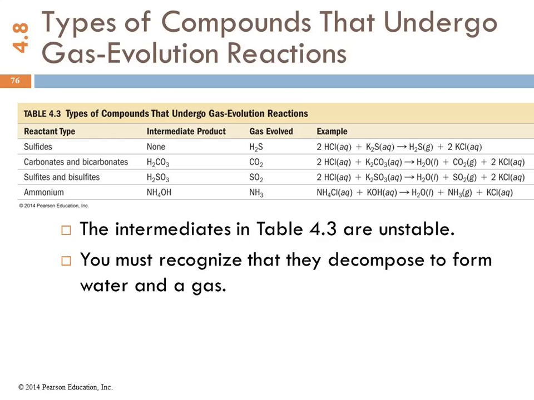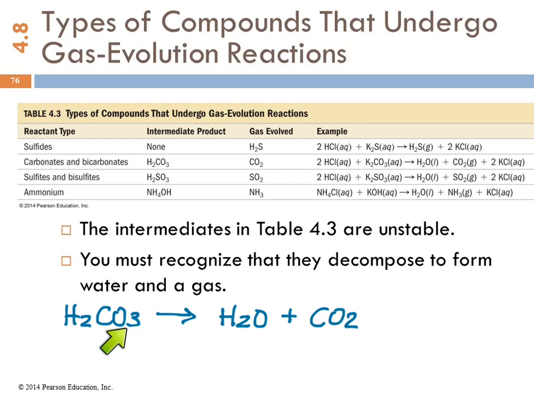It's actually not that hard to remember. H2CO3. If I remove a water, 2 hydrogens and an oxygen from this, what's left? CO2. So I got rid of these 2 hydrogens and 1 of the oxygens. What's left is CO2.